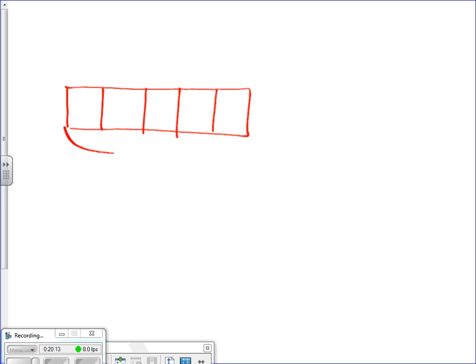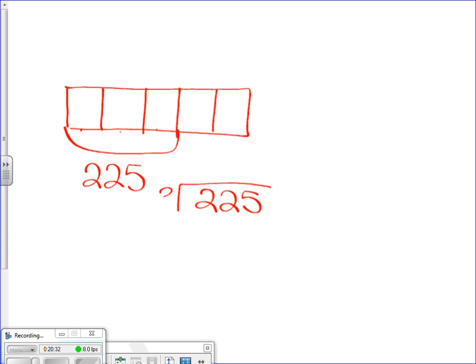So if 3/5 of his money was on the TV, and the TV is $225, so 1, 2, 3 parts is $225. So 225 divided by 3. So 3 goes into 22 7 times. 3 goes into 15 5 times.